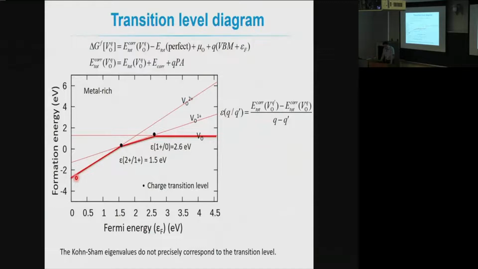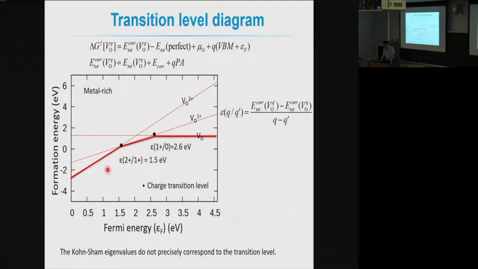Therefore, when the Fermi level ranges from 0 to 1.5, the charge state is VO2 plus. Between 1.5 and 2.5, VO1 plus is the lowest, and above 2.6 the neutral vacancy is the most stable.